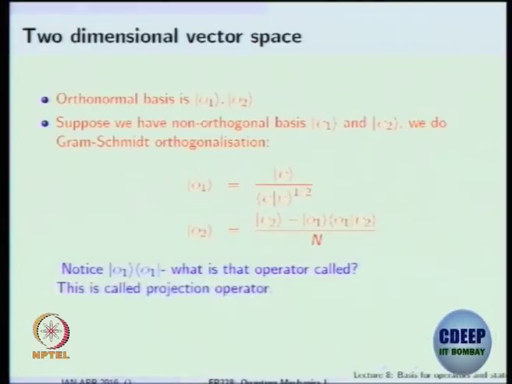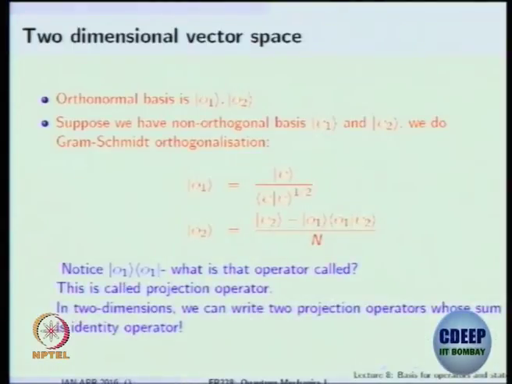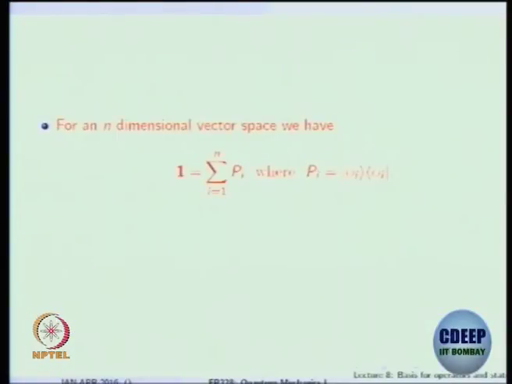This is what we called a projection operator, and in 2 dimensions we can write 2 projection operators whose sum is an identity operator.